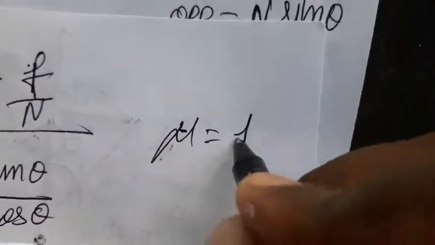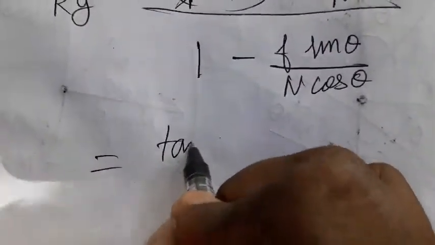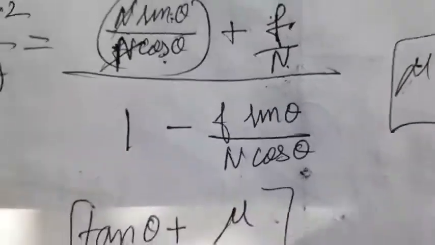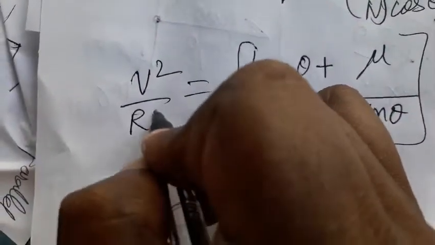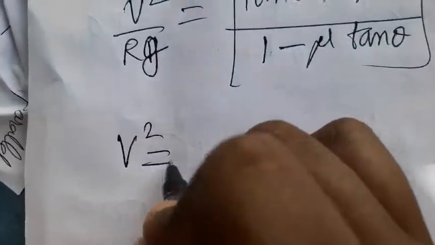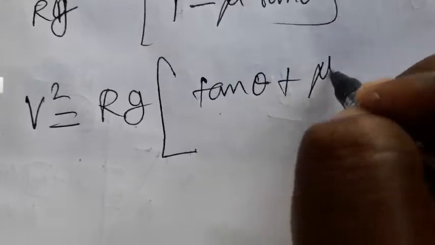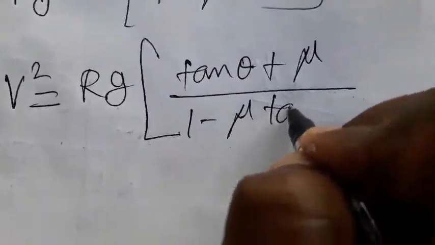Mu is equal to f by N. So sin by cos will get as tan theta plus f by N, friction force by normal force, is mu, the coefficient of friction, divided by 1 minus f by N, which is mu, the coefficient of friction, times sin theta by cos theta, which is tan theta. So v square by rg, and we are going to find v square. V square is equal to rg times tan theta plus mu over 1 minus mu times tan theta.